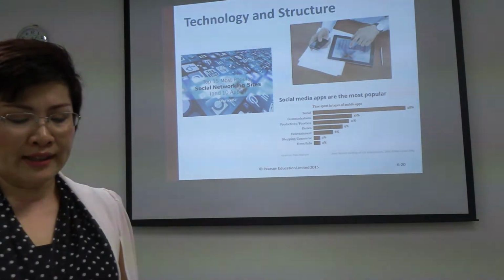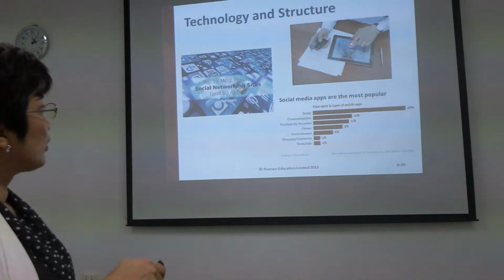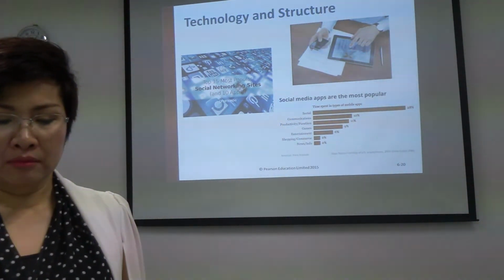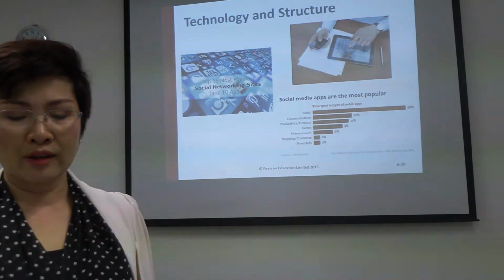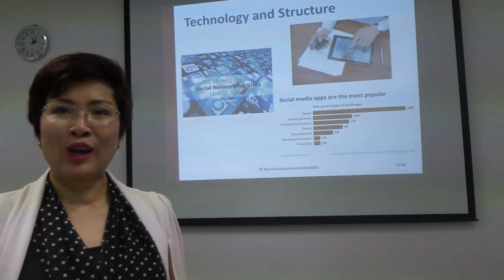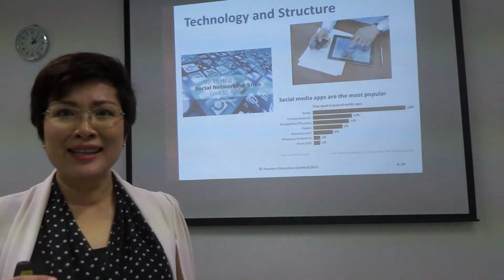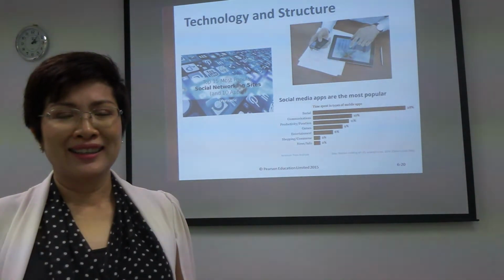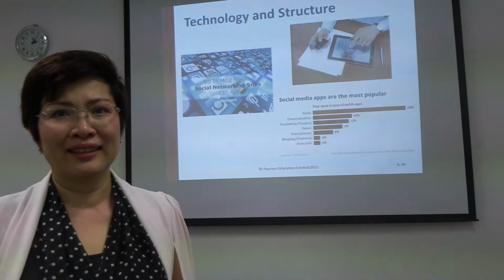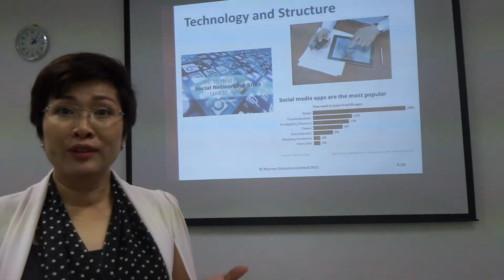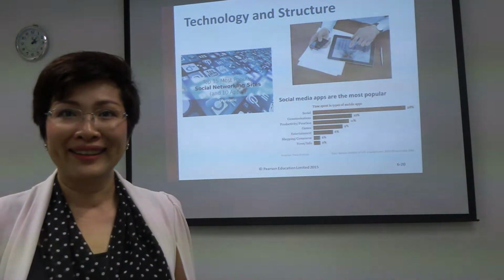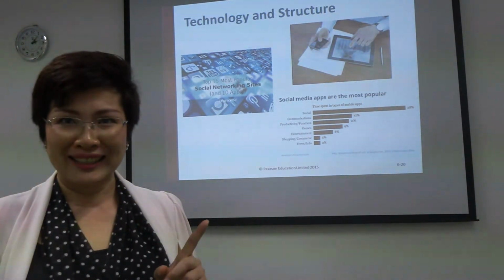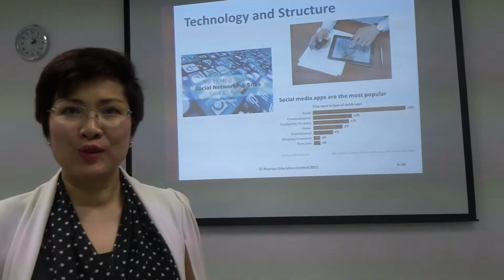For example, from this picture, using smartphones and tablets could help the organization use a decentralized style. Which model uses a decentralized style? The organic model.